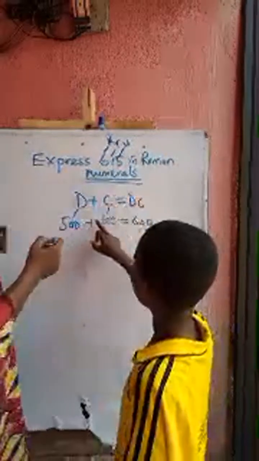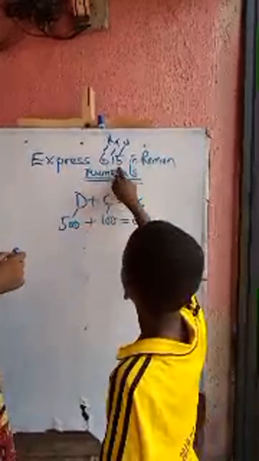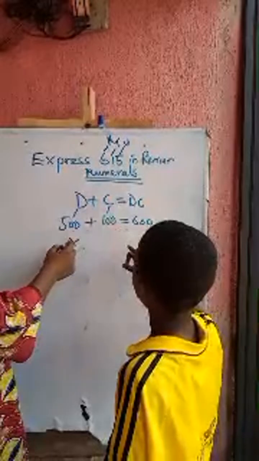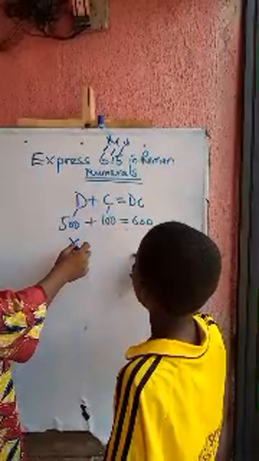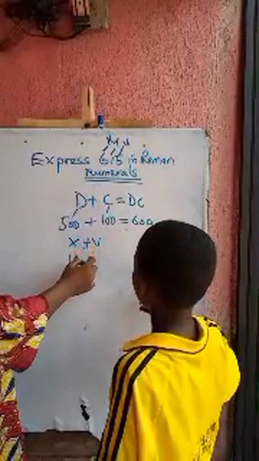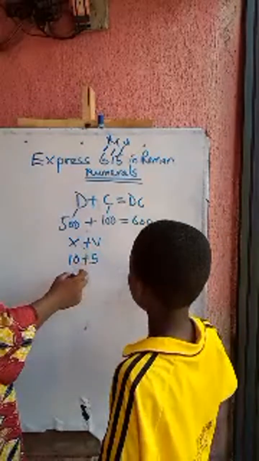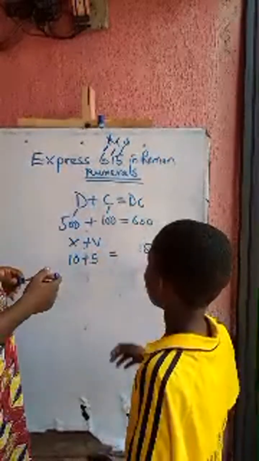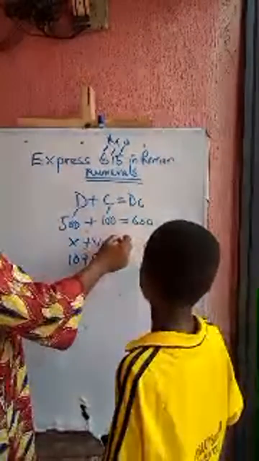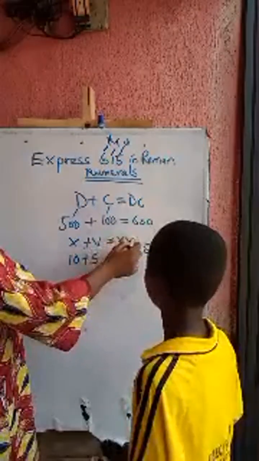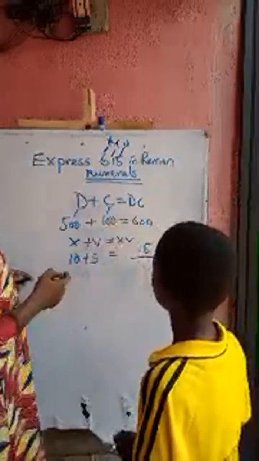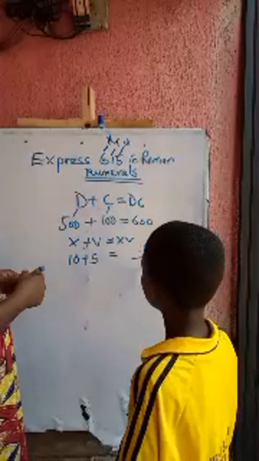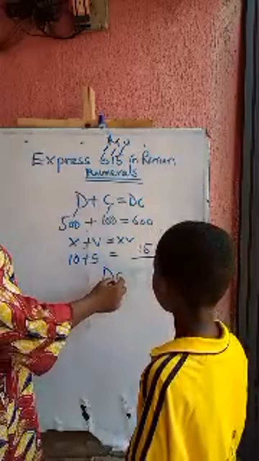It's no longer D plus C. And for the 15, 10 is X and 5 is V. So X plus V is XV, or 10 plus 5 is 15. In conclusion, the Roman numeral for 615 is DCXV.